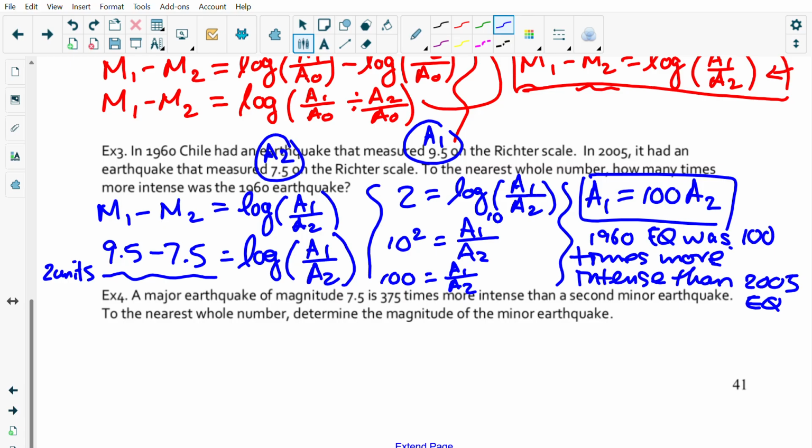Okay, example 4. A major earthquake of magnitude 7.5 is 375 times more intense than a second minor earthquake. So I shall call this A1, second minor earthquake A2. To the nearest whole number, determine the magnitude of the minor earthquake.